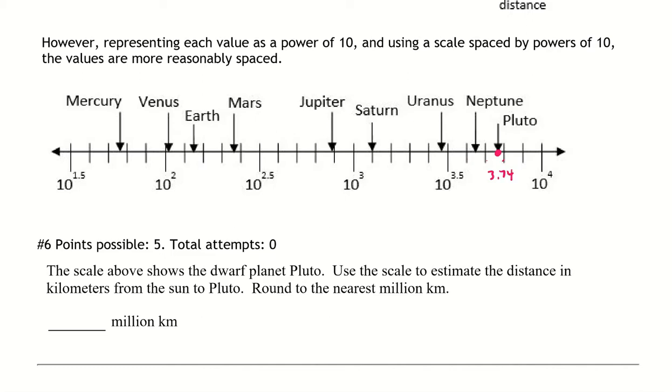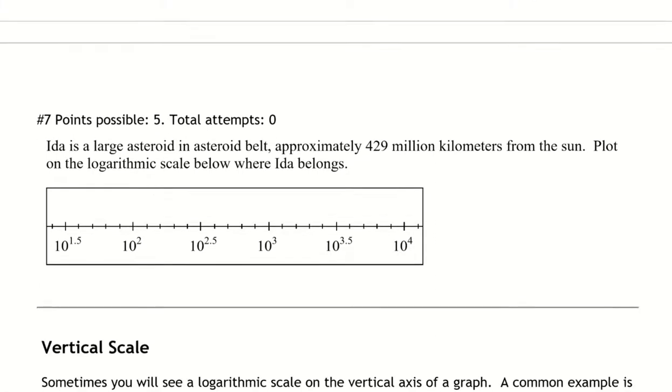So if we guess, 3.74 is where Pluto is at. So then 10 to the 3.74 is the millions of kilometers we would say Pluto is away from the sun. Okay, so then we plug it in the calculator and we get 5888.